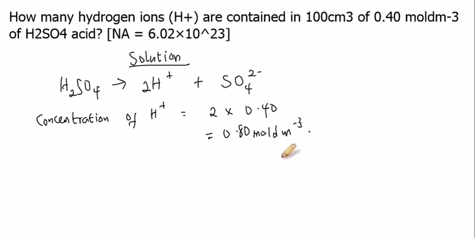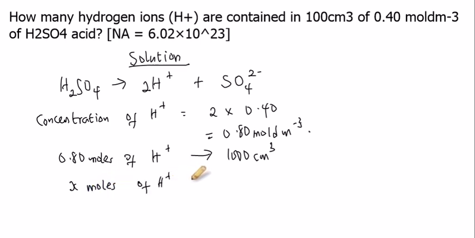Now that we've gotten the concentration of hydrogen ion in the acid, let's proceed to calculate the number of moles of hydrogen ions that will be present in 100 cm³. So from here, 0.80 moles of hydrogen ions is present in 1 dm³, which is also equivalent to 1000 cm³. Hence, x moles of hydrogen ions will be present in 100 cm³ according to the question.